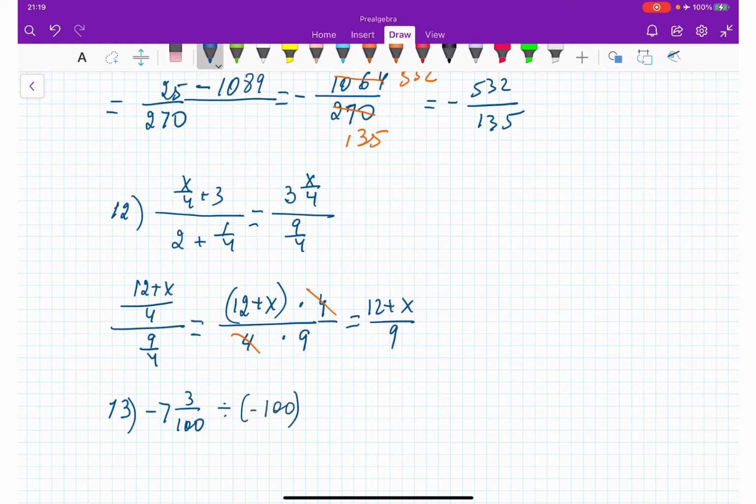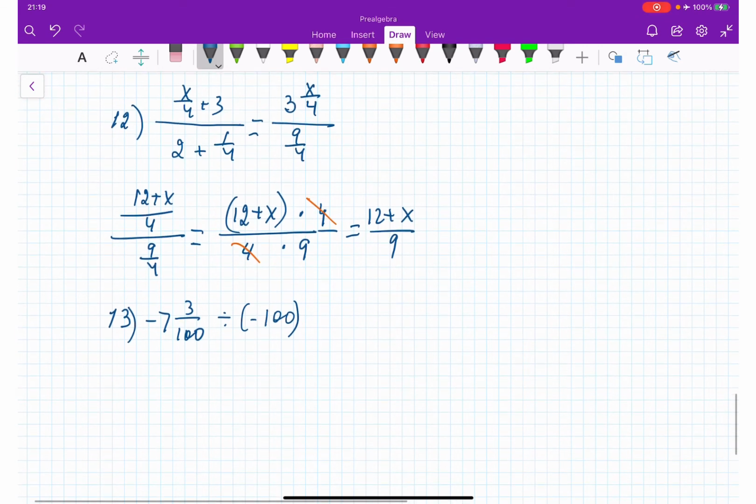Okay, let's do that. So negative 7 and 3 over 100, if we convert into an improper fraction, it's going to be 7 times 100 is 700, and plus 3, it's going to be 703. Well, when you convert one type to another, all changes we apply to the numerator.